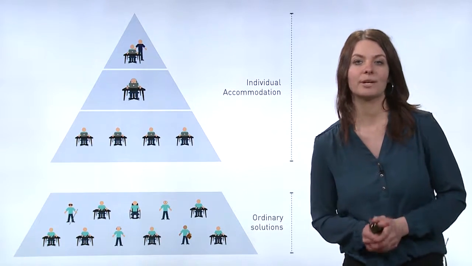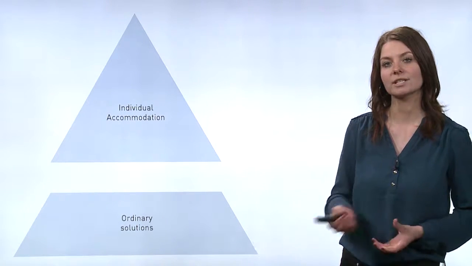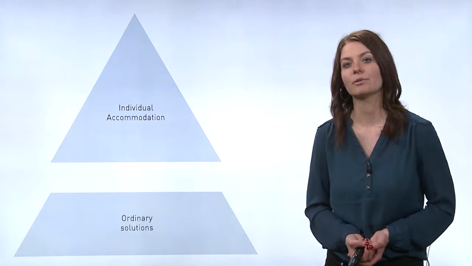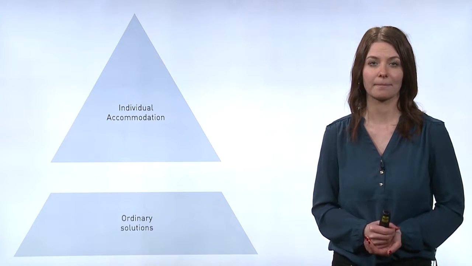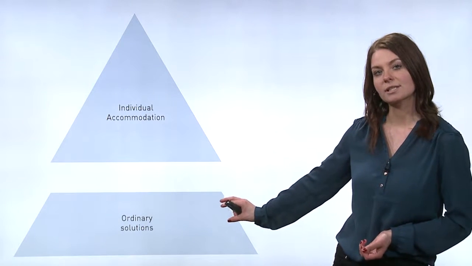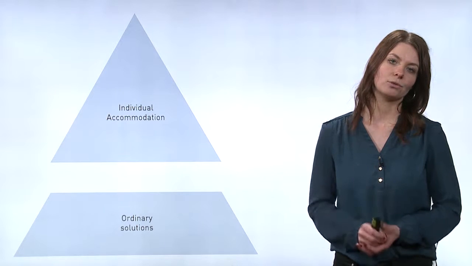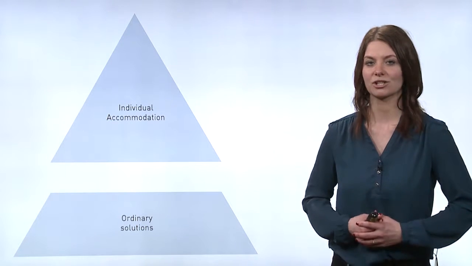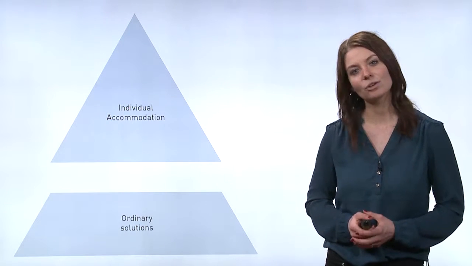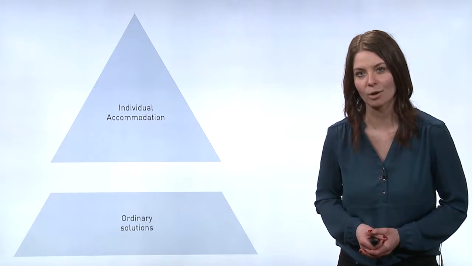We can divide the pyramid in two main parts: individual accommodation and ordinary solutions, both of them provided from the university. In the first level of the pyramid, called ordinary solutions, we will find most of the students. We know that most of you can cope with the planned form of lecture and examination, even though it's not necessarily your preferred way of reaching and demonstrating knowledge.